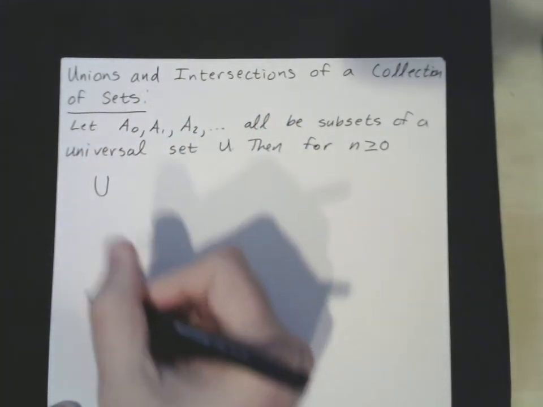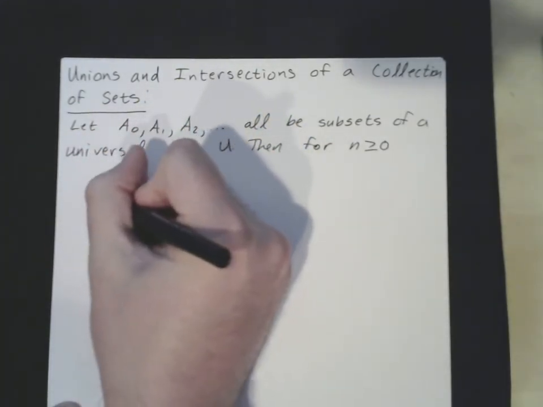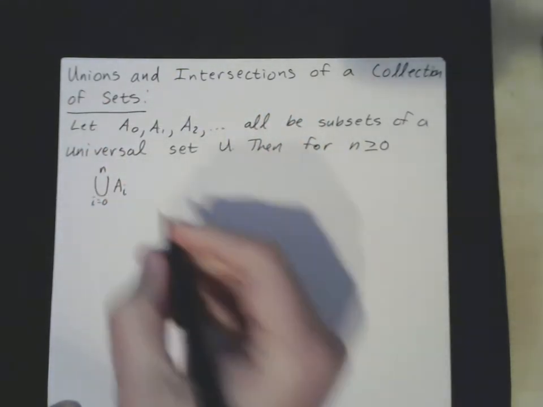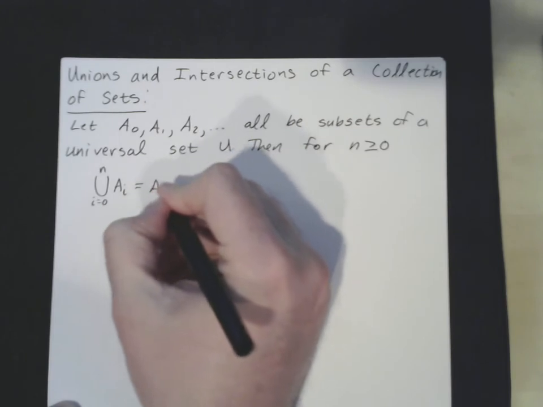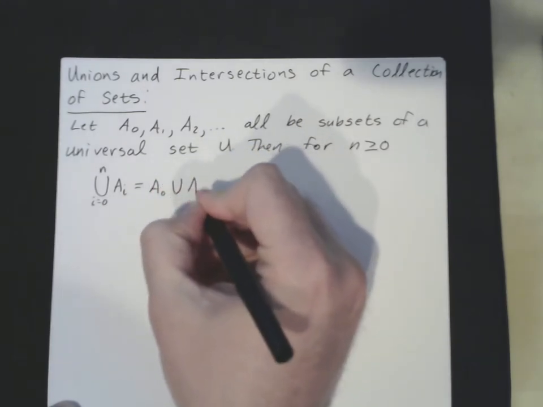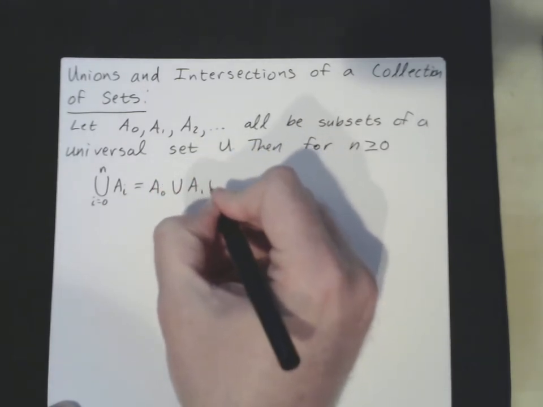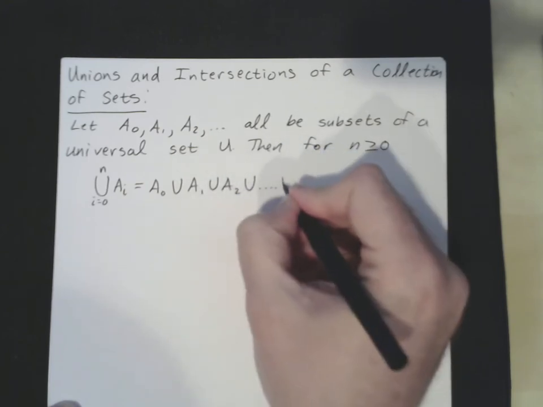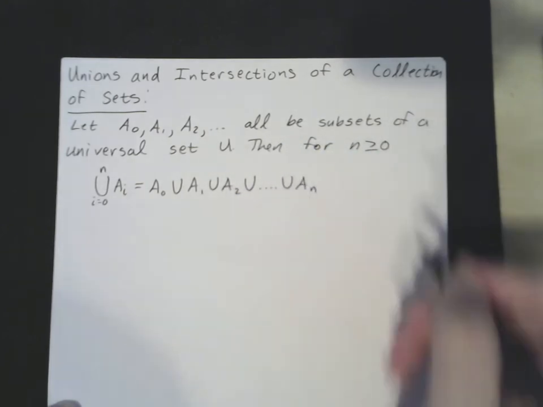the union, big union, from I equals 0 to n of A sub I, this is just the union of all the sets A0, A1, A2, union dot dot dot, union all the way to AN.